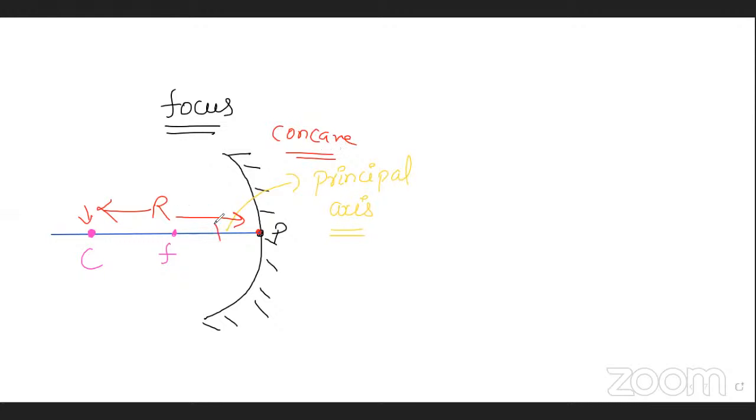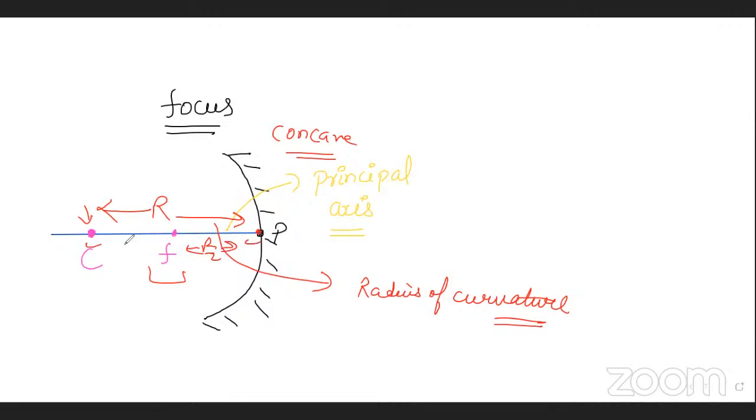And this R is known as the radius of curvature. And focus is a point in between the center of curvature and the pole, at R by 2. Now I'm showing the PPT.